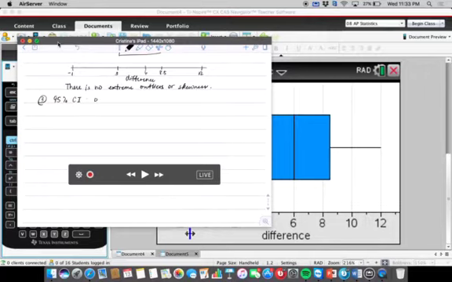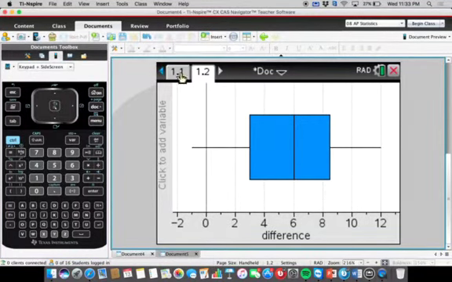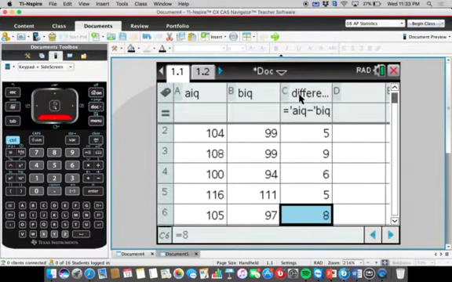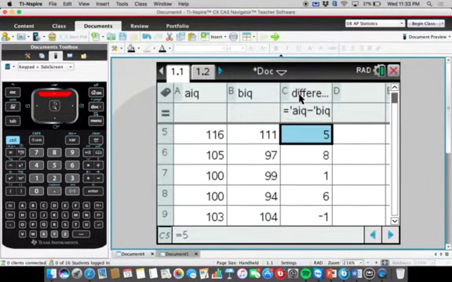And it's not a one sample, it's a matched pair t-test. Whenever you're taking this difference, you're doing a matched pair t-test. Since you're only looking at one variable, essentially the difference, you're going to treat it as a one sample t-test.